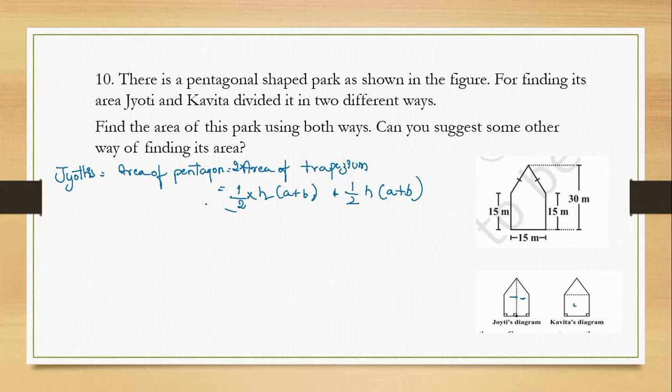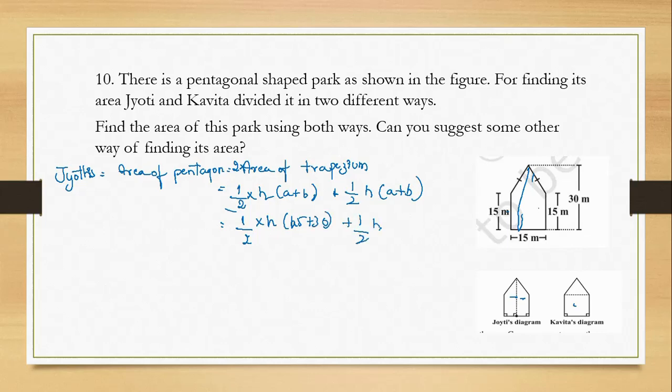Okay, so they are given the sides. If we consider this as a pentagon, then this is 15 meter and this is 30 meter. We don't know the height, one side is 15 meter and the other side is 30 meter.